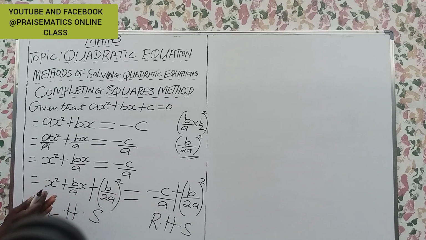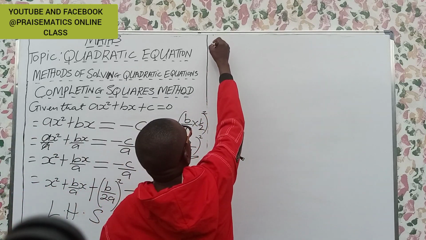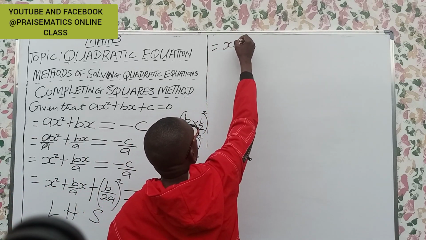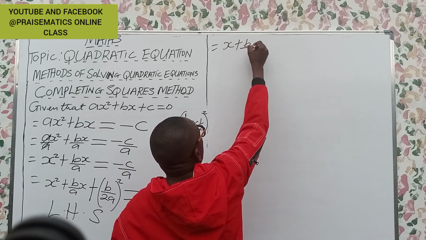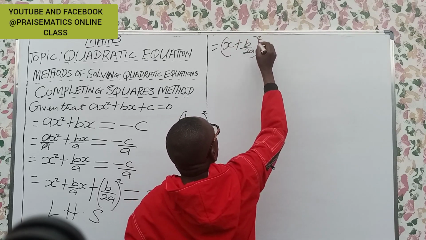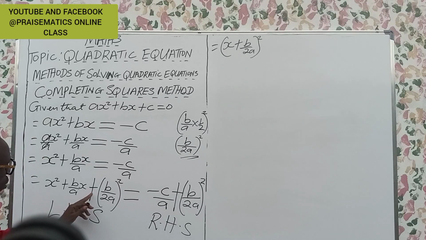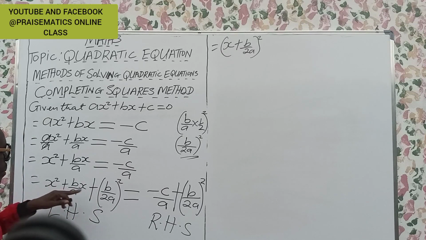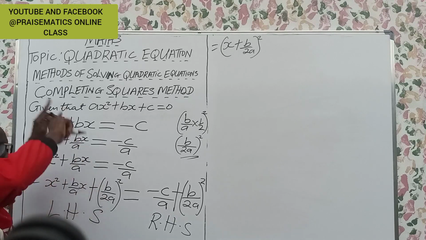So you collect them together and bring them out. That is, we have x plus b over 2a all squared. That is it. So if it is minus here, that minus will be there, it will now be x minus b over 2a all squared.